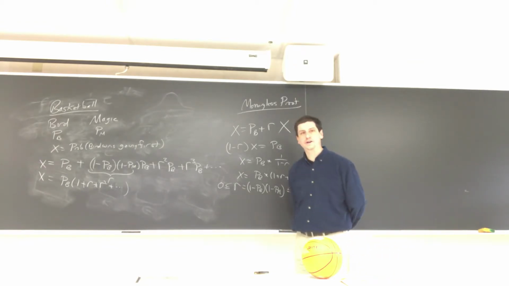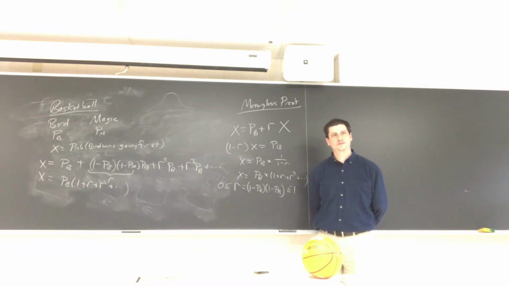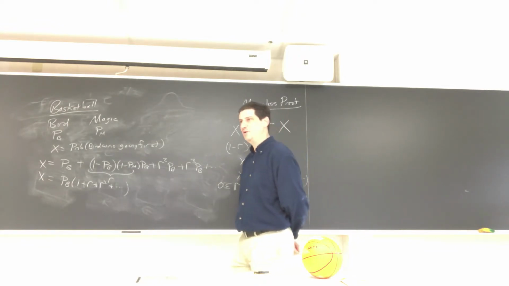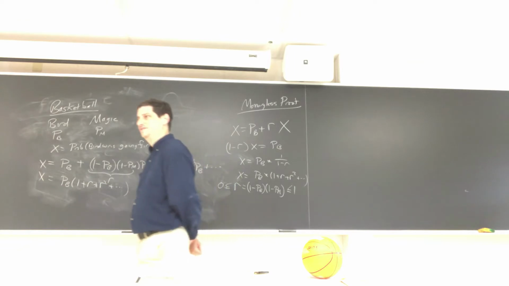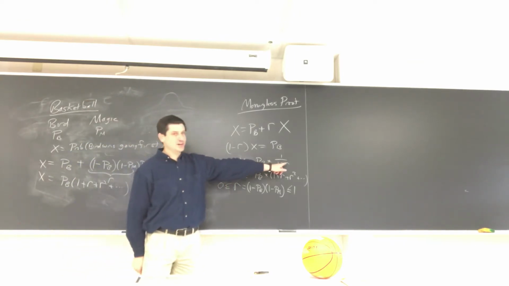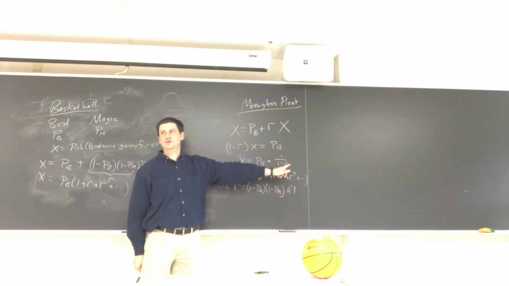If R equals 1, what will happen? Both of them will miss. Both of them will miss forever. What should Bird's probability of winning be if they both miss forever? 0. And if you look at 1 over 1 minus R, you get 1 over 0. What's 1 over 0?